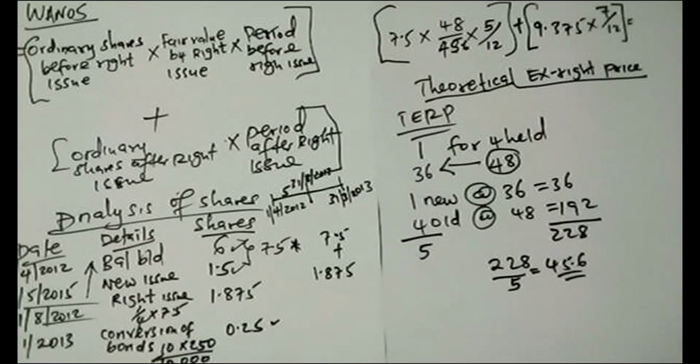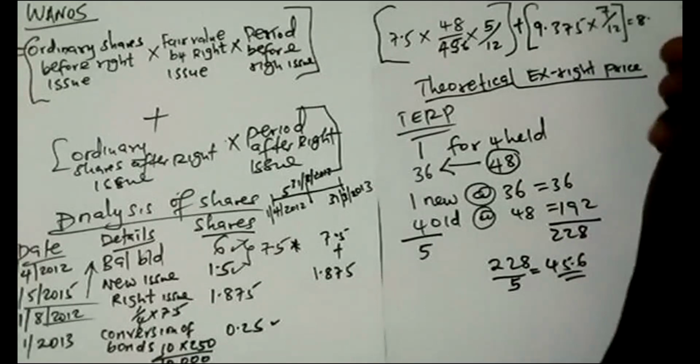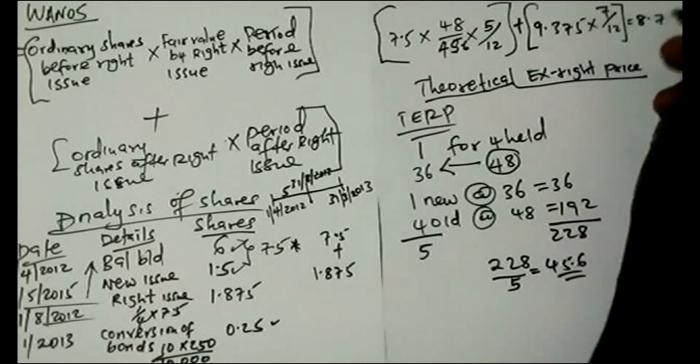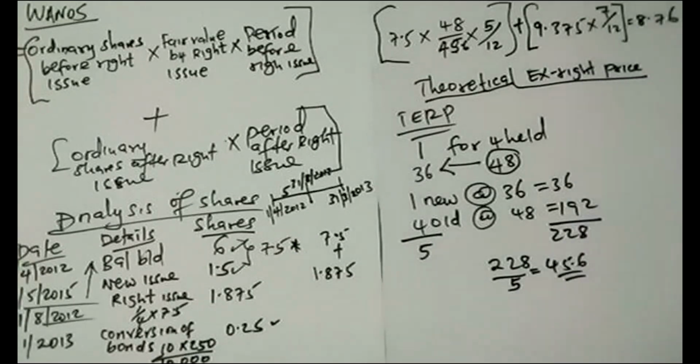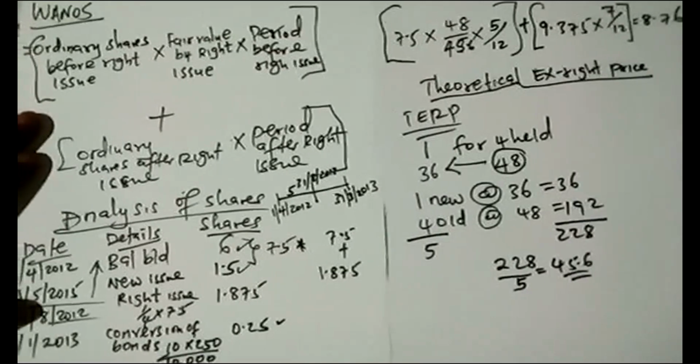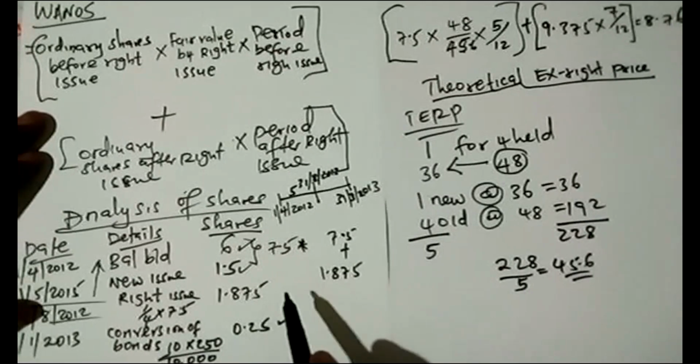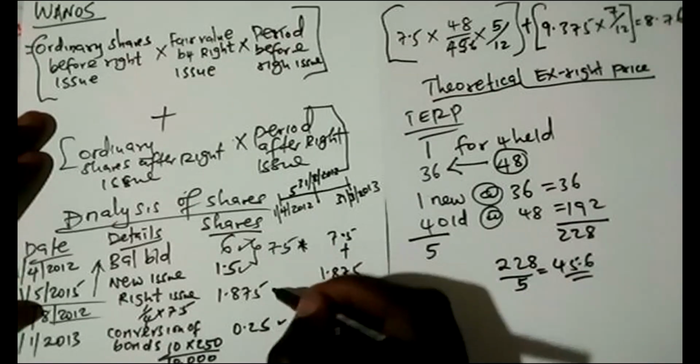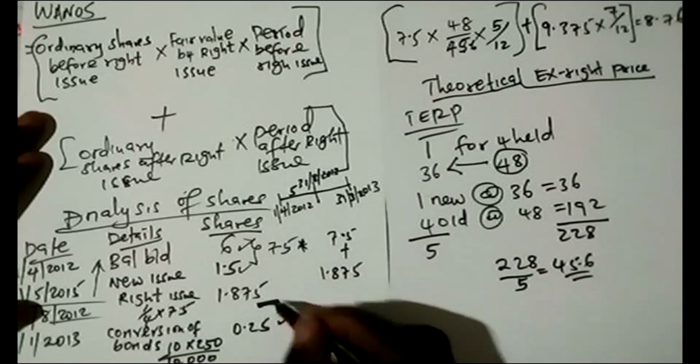So what are you getting? This is 8.76. So what you can see is that what we have done, we have applied these shares up to this point in our formula.